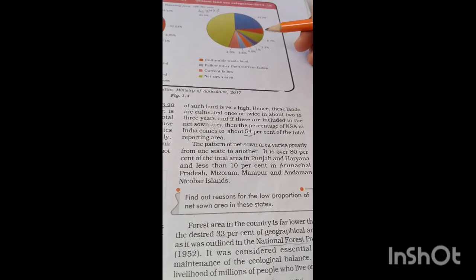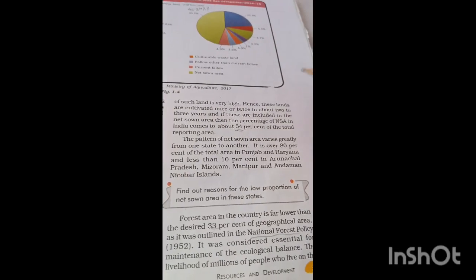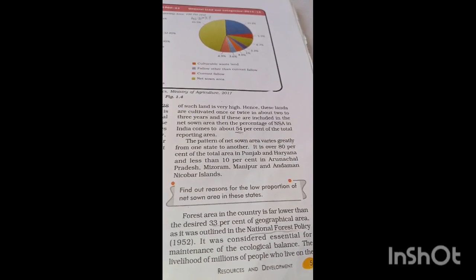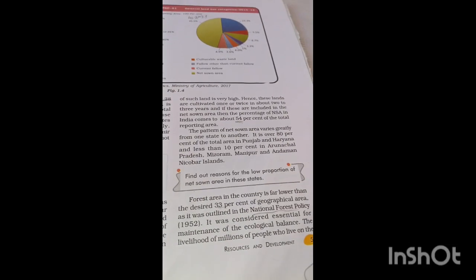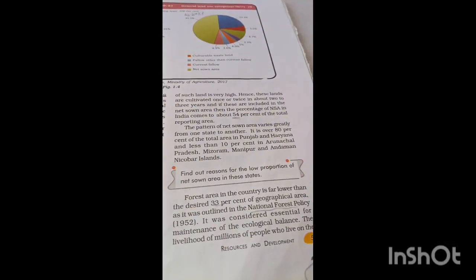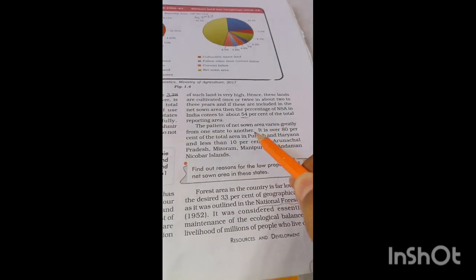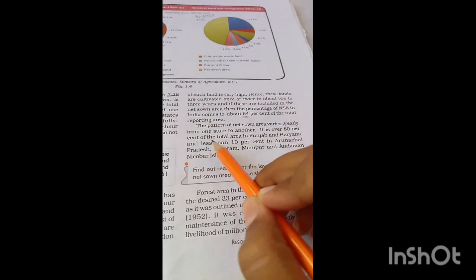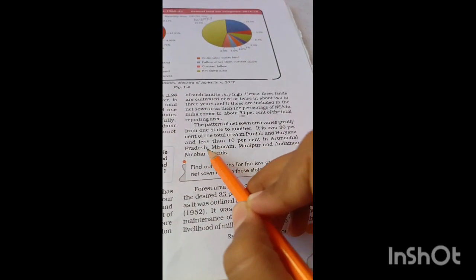Hence, these lands are cultivated once or twice in about 2 to 3 years, and if these are included in the net sown area, then the percentage of NSA, that is net sown area, in India comes to about 54% of the total reporting area. The pattern of net sown area varies greatly from one state to another. It is over 80% of the total area of Punjab and Haryana, and less than 10% in Arunachal Pradesh, Mizoram, Manipur, and Andaman and Nicobar Islands.